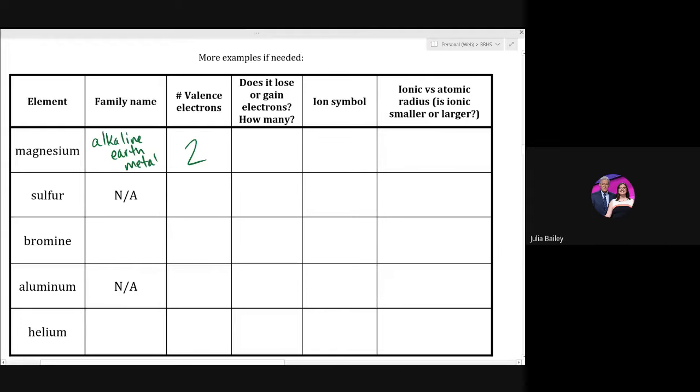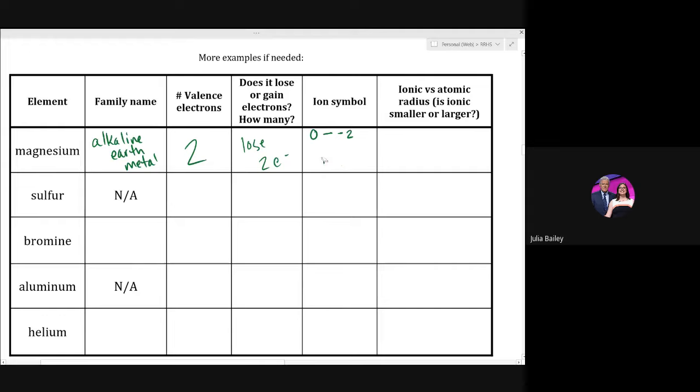Magnesium, to look like a noble gas, is it going to lose or gain electrons, and how many? I know that since it's an alkaline earth metal, it's going to lose 2 electrons to look like a noble gas. For the ion symbol, when it has lost 2 electrons, the charge was 0, then it loses, so subtracts 2 electrons, and electrons are negative. So the charge is 0 minus -2. That gives it a +2 charge.